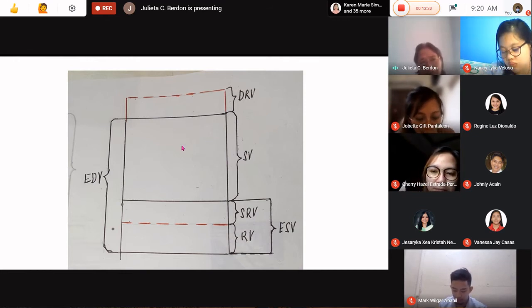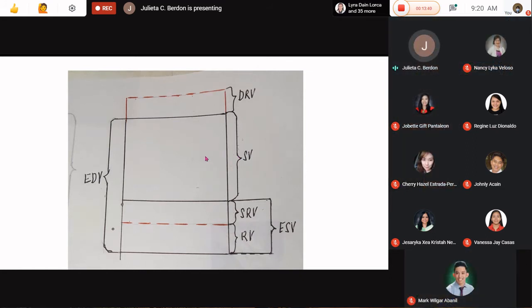You will just multiply your stroke volume times your heart rate, the number of beats you have in 1 minute. For example, if your stroke volume is 70 and your heart rate is also 70, then that will be 4,900 ml, or 4.9 liters. So that will be your cardiac output. Cardiac output is equal to stroke volume times heart rate.